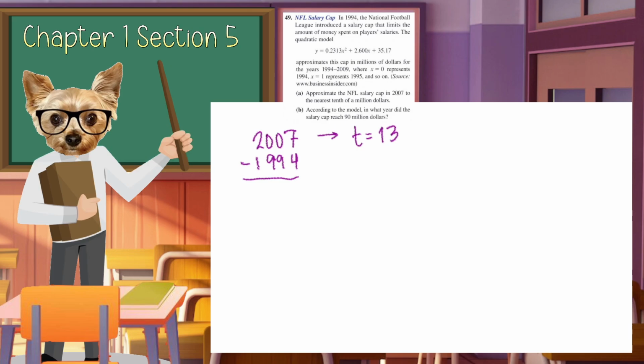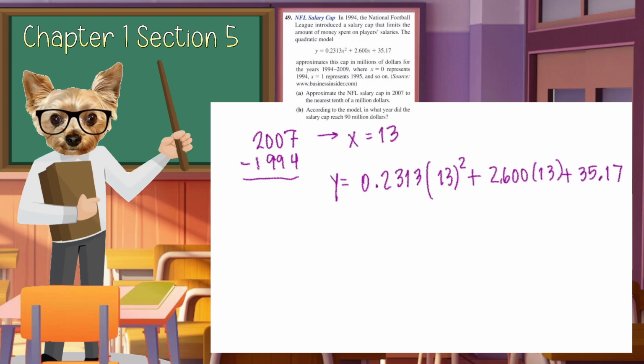Approximate salary. So Y, which is the salary, equals 0.2313, T is X, so 13 squared plus 2.6 times 13 plus 35.17.